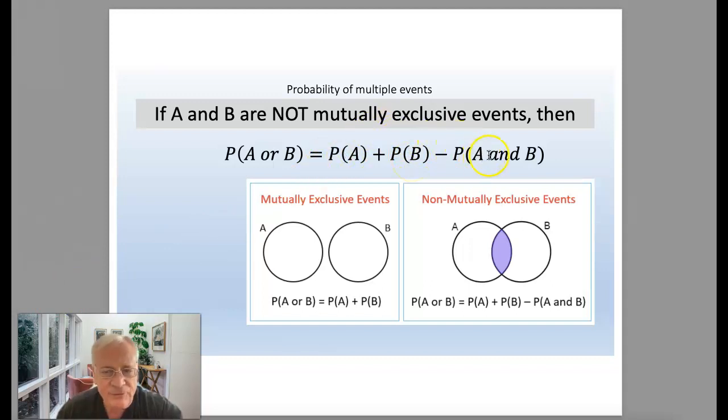But then you have to subtract out the probability that they both happen. All right, because you've actually added that in twice when you do the probability of A plus the probability of B. You have to subtract out the part they have in common.